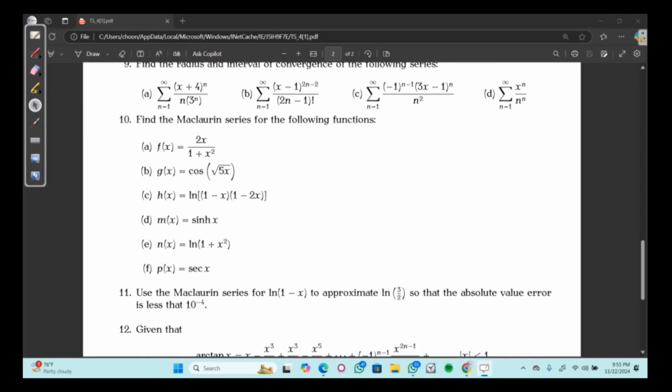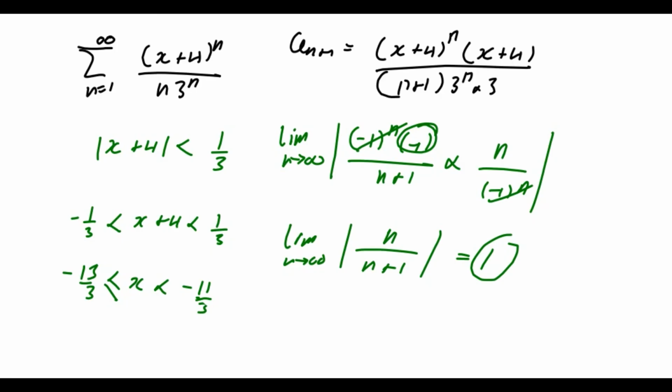So how you find the Maclaurin series, maybe just a reminder here, a Maclaurin series is the one that is in the form f to the n of c multiplied by x to the n divided by n factorial.